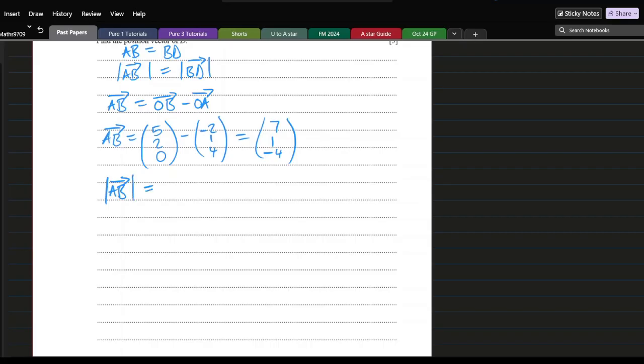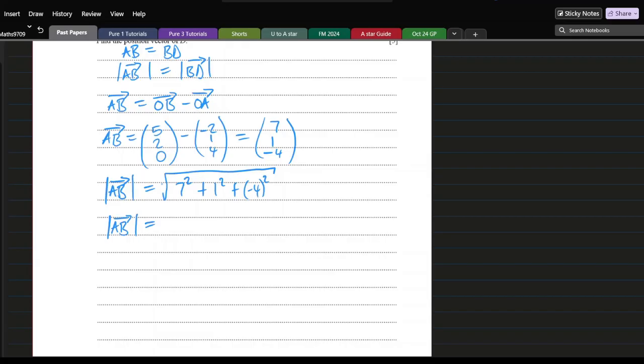We said what we want is the modulus of AB. So the modulus of AB, or the magnitude of AB, is the square root of 7 squared plus 1 squared plus negative 4 squared.